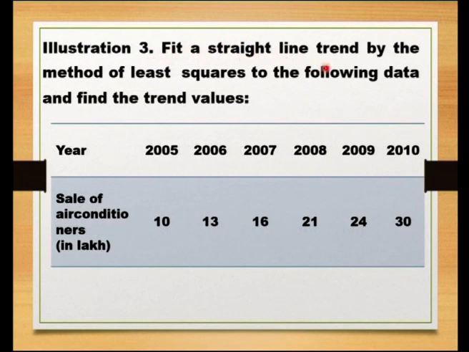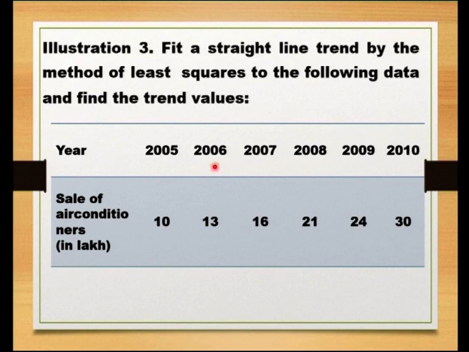Fit a straight line trend by the method of least squares to the following data and find the trend values. Here, the number of years given is 6, that is 2005, 2006, 2007, 2008, 2009, 2010, that is 6 values are given. So, even number of values are given.